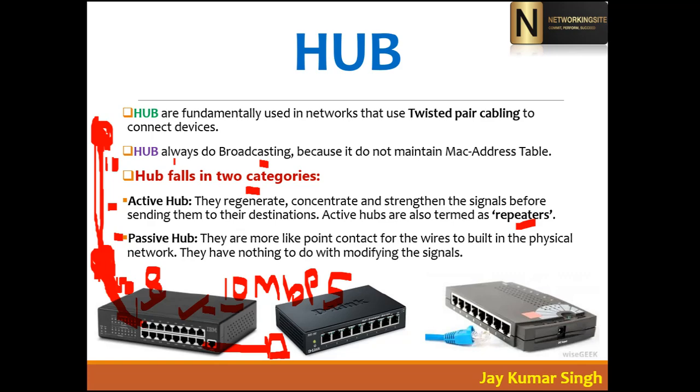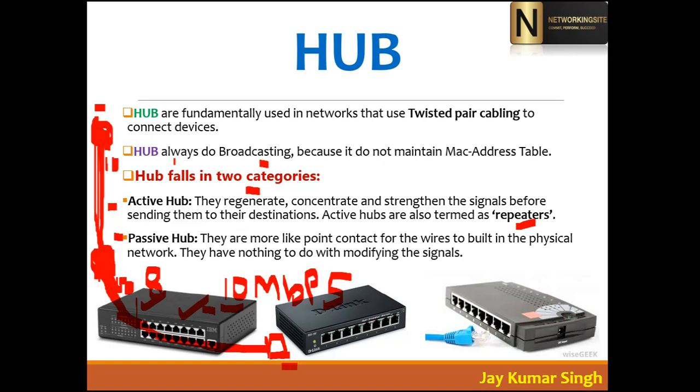Okay, now when we are talking about a passive hub, the passive hub was doing something totally different. How? Suppose this computer is sending at the speed of 10, but gradually it is coming down and became 8 Mbps, and then it came to the hub. In this passive hub, the hub has received the signal of 8 Mbps, and now it will send the same speed that it has received from the sender to the receiver.